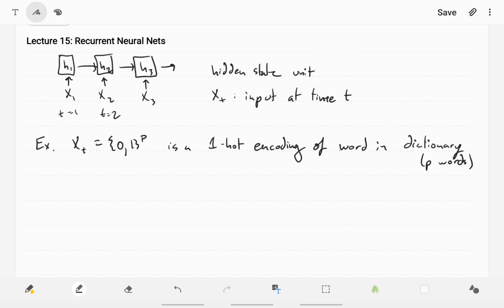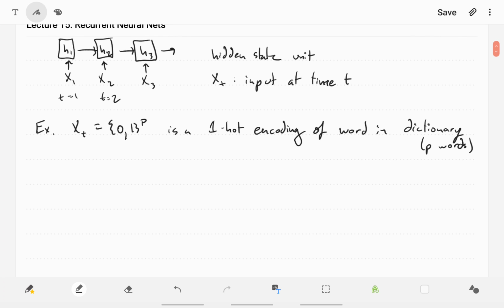So we can model, for example, a sub t equals b plus W times h sub t minus 1 plus U times x sub t, where a sub t and h sub t are in some little d-dimensional space. Okay?